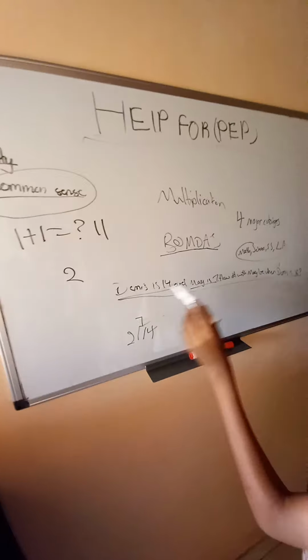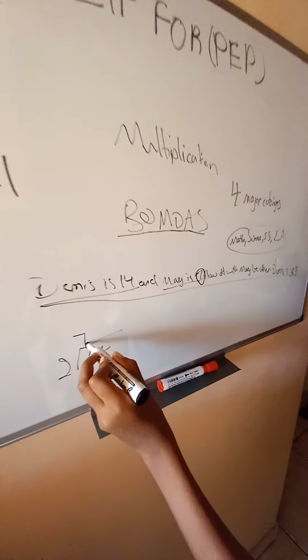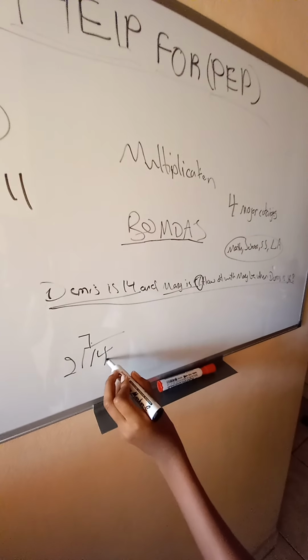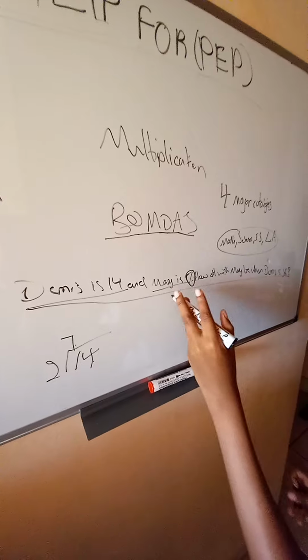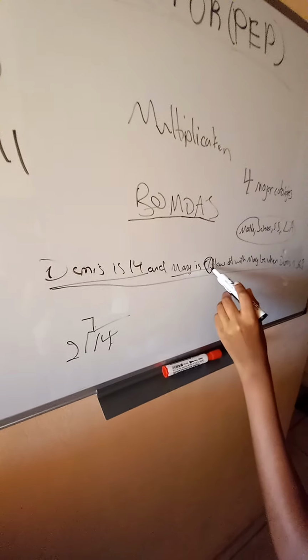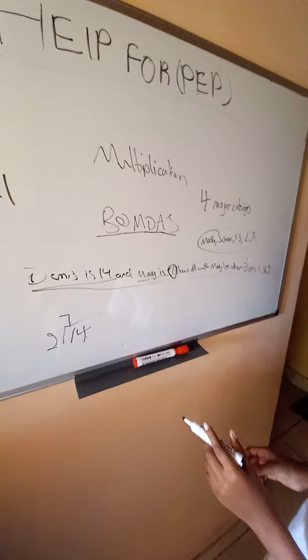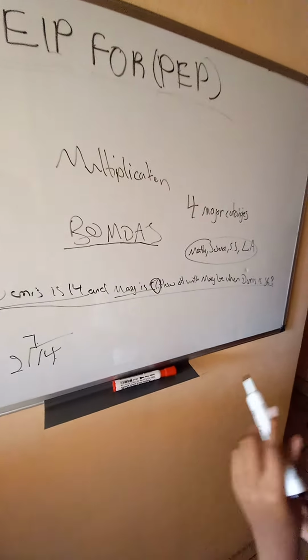Okay, Dennis is 14 and Mary is 7. So obviously we know that 7 is half of 14. So now we know that Mary is always half of Dennis's age. And now, full stop. How old will Mary be when Dennis's age is 56?